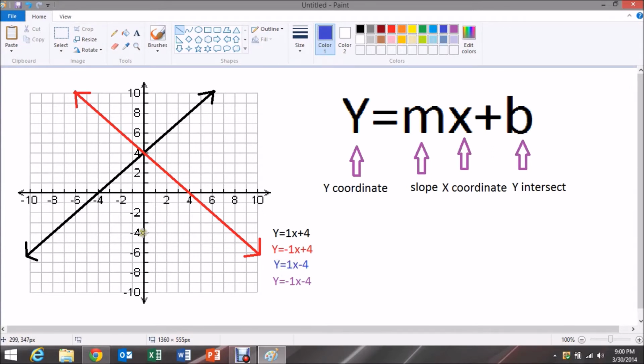So we go rise 1, run 1, and so on and so forth until we get to the top here. Straight through that negative 4. And then again, this one goes on for infinity, so we represent that by arrows.